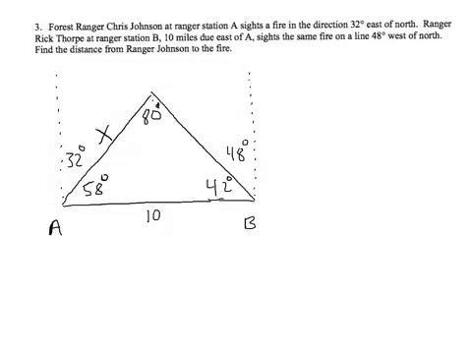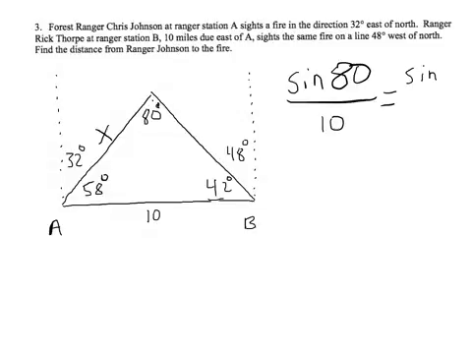Based on the info that I have here, the easiest thing to solve here is going to be using law of sines. I know one length of the triangle, that's 10, so I need to set up its angle: sine of 80 over 10, and that's going to equal the angle opposite x, so sine of 42 over side x.